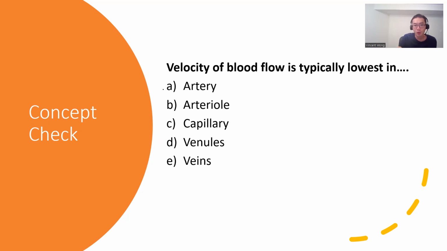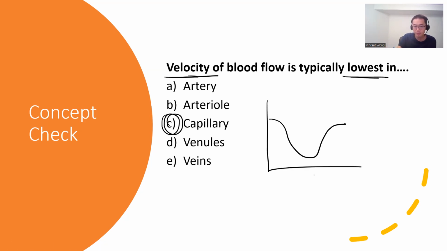Okay, so blood flow velocity, or speed, is the lowest, meaning it's the slowest, at the capillaries. Remember the graph? The graph goes like this for velocity. It's the slowest at the capillaries because we have to slow down substantially.